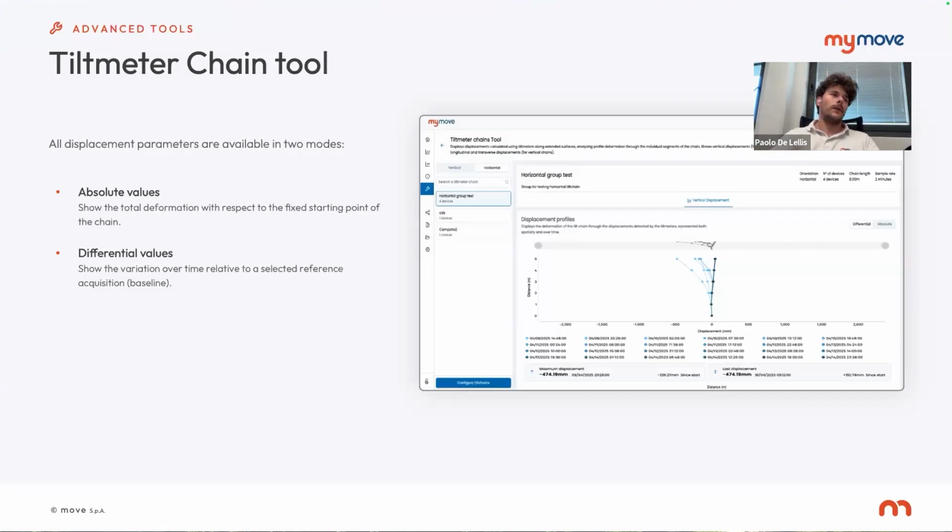And this is important because you are free to install the sensor in your structure and after, I don't know, 1 month, use this tool and perform the zeroing only for the tool and not for the entire sensor that you have in your structure. So the tool goes in parallel with the data that you have from the sensor.